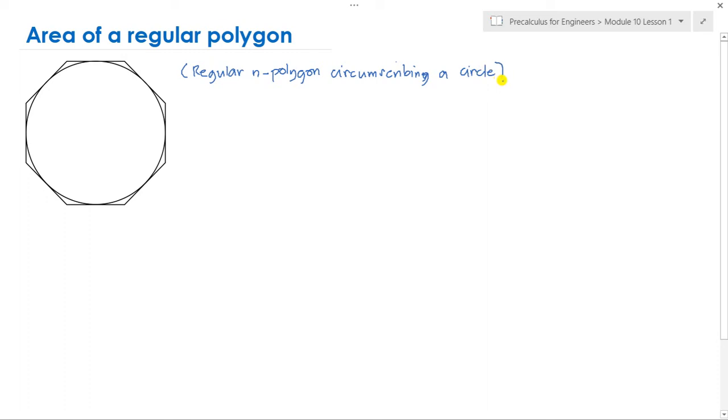So diri, ato na po i-project ang radius ani, given ang radius.